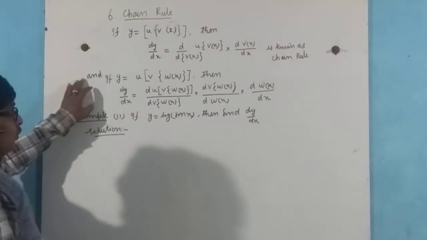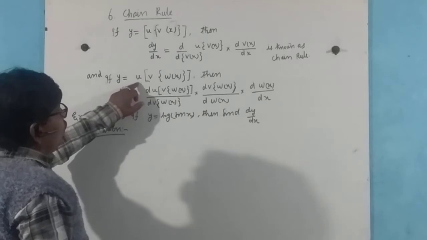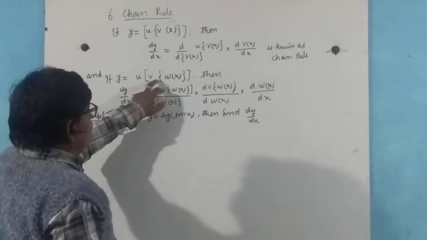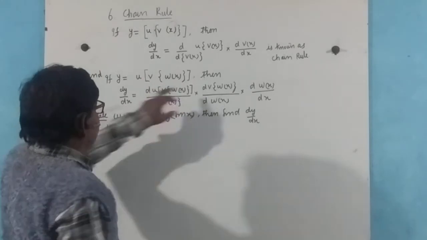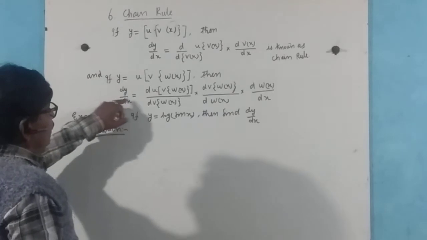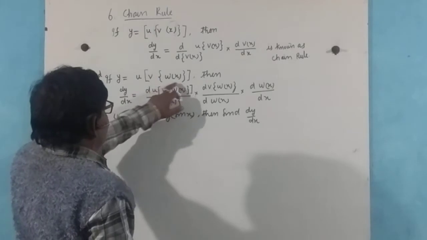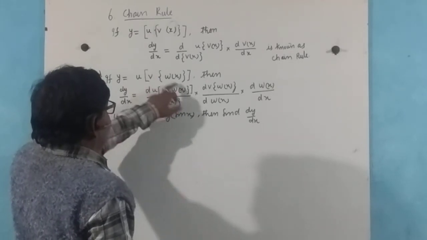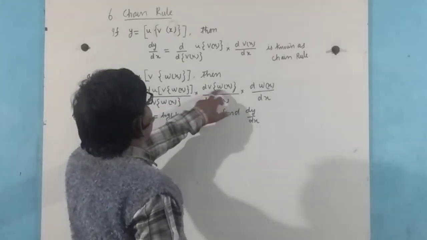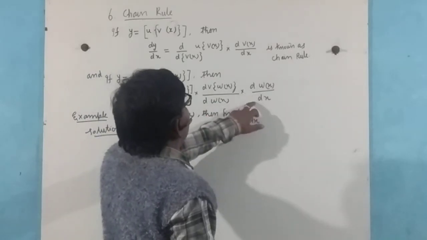It can also be written like this: if y equals u, a function of v(w(x)), then on differentiating with respect to x, dy/dx is d of u by d of v(w(x)), times dv(w(x))/dw(x), times dw(x)/dx.